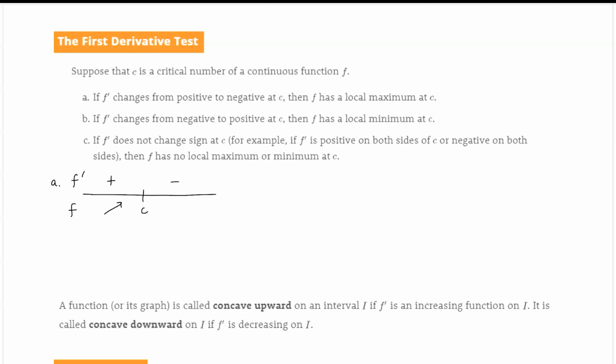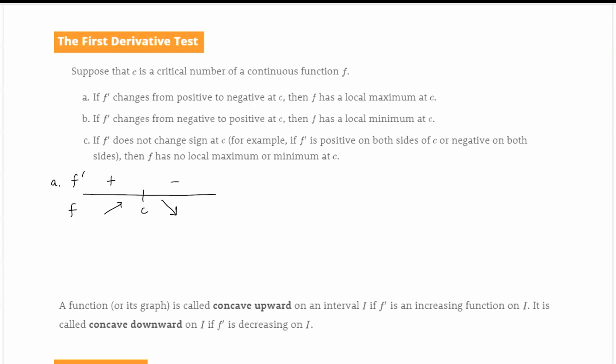So, for example, part A here, we have c a critical number, and let's say f prime changes from positive to negative. That means f must change from increasing to decreasing.